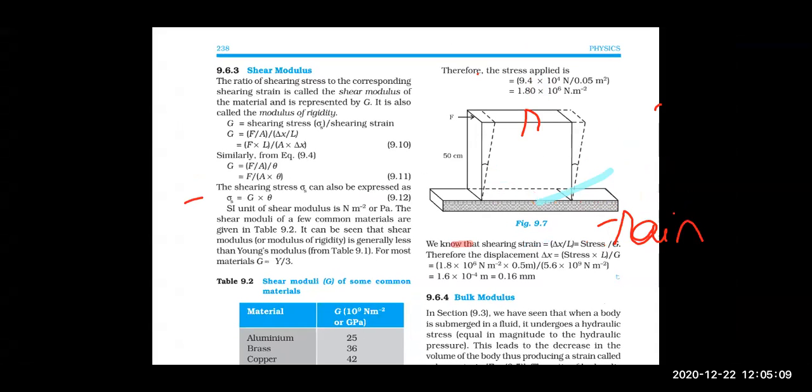So shear modulus is the third type of modulus of elasticity, and it is denoted by the symbol G. And here, children, we are not going to have the normal stress.